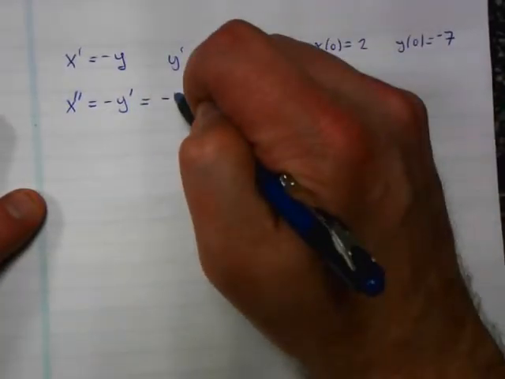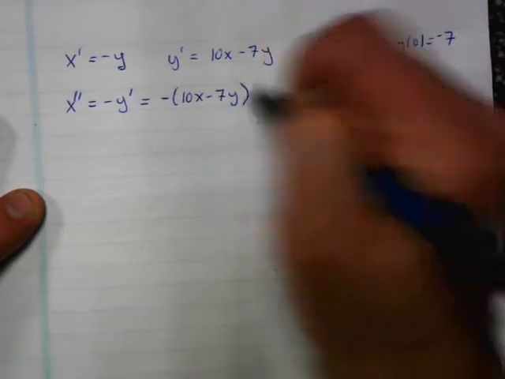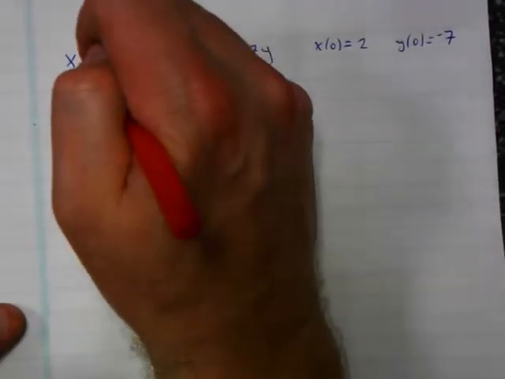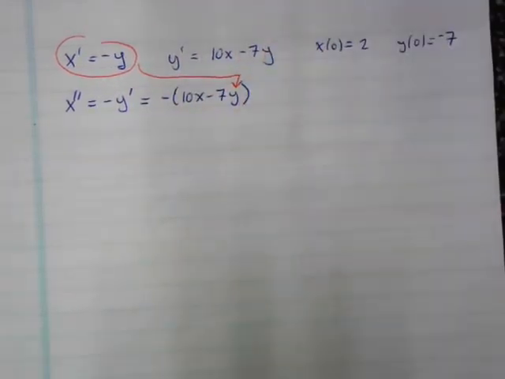So that's negative 10x minus 7y. But that still has x's and y's in it. I can also use this equation and substitute that y is a negative x prime. That's exactly correct. So it's kind of a double substitution sort of deal.